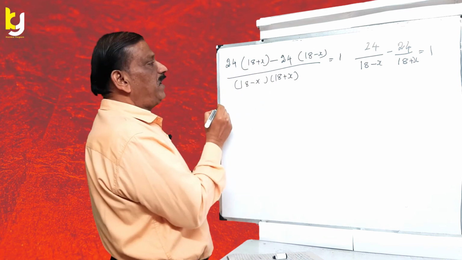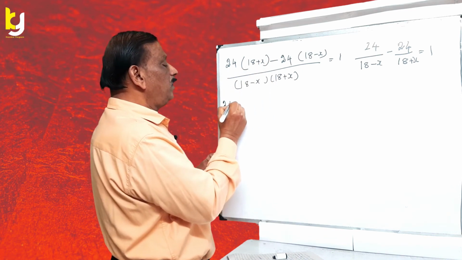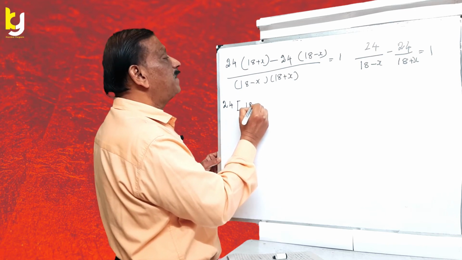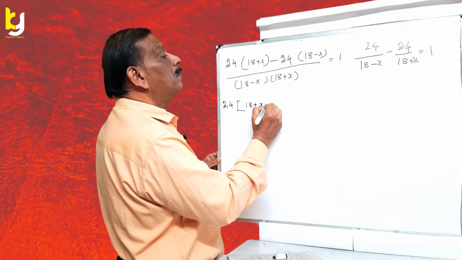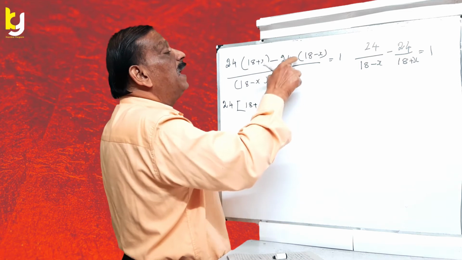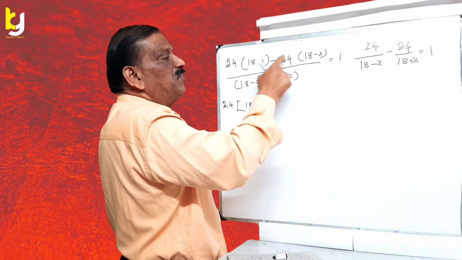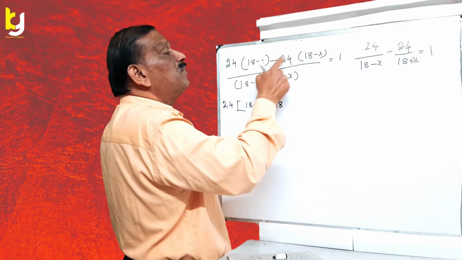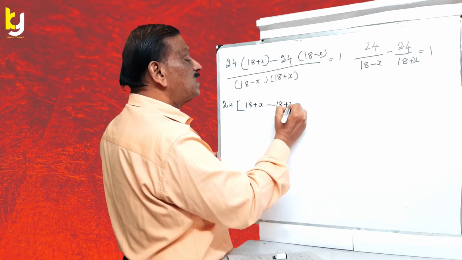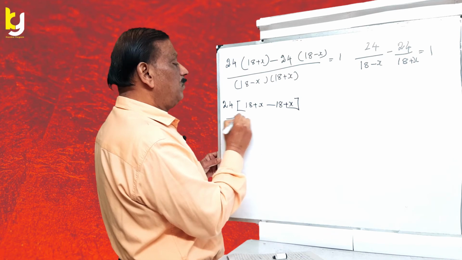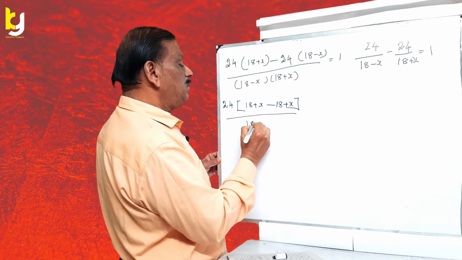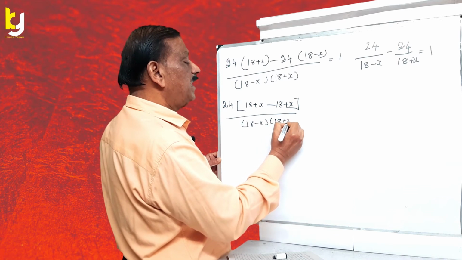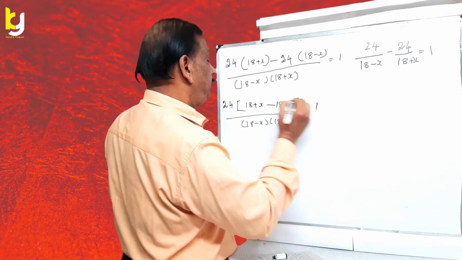Take 24 outside. So 24 into 18 plus x minus 18 minus x. Minus into 18 is minus 18, minus into minus x is plus x, whole divided by 18 minus x into 18 plus x, equal to 1.